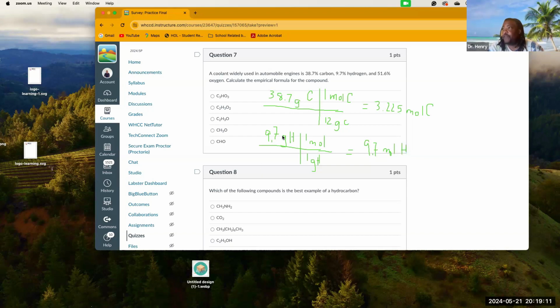And then for oxygen, we have 51.6 grams of oxygen. So for every 1 mole of oxygen, it's going to weigh 16 grams approximately. So we're just going to divide by 16.